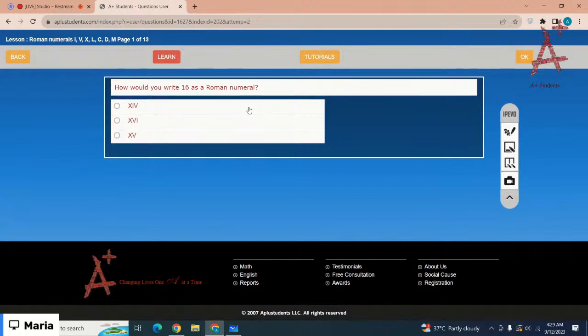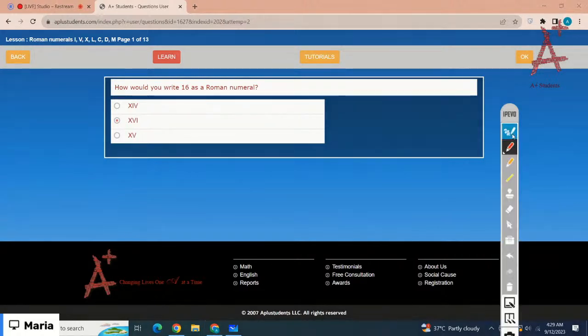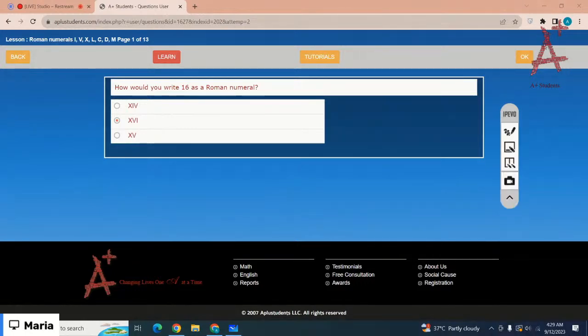So you can represent 10 as X and 6 as V and I, right? That would be the second option. 10 is X and 6 is V and I. On the right hand side you have to add, so option number 2 is the correct option, right? That is 16.